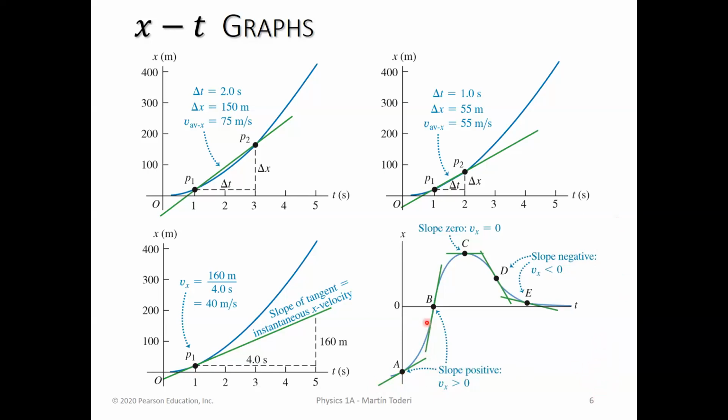Then when we pass through B, let's say that we keep that slope positive, so it's still going up, until it reaches some point up here where, as you know, the tangent is horizontal, and the tangent of a horizontal is going to be 0. So the instant speed is going to be 0 at that point.